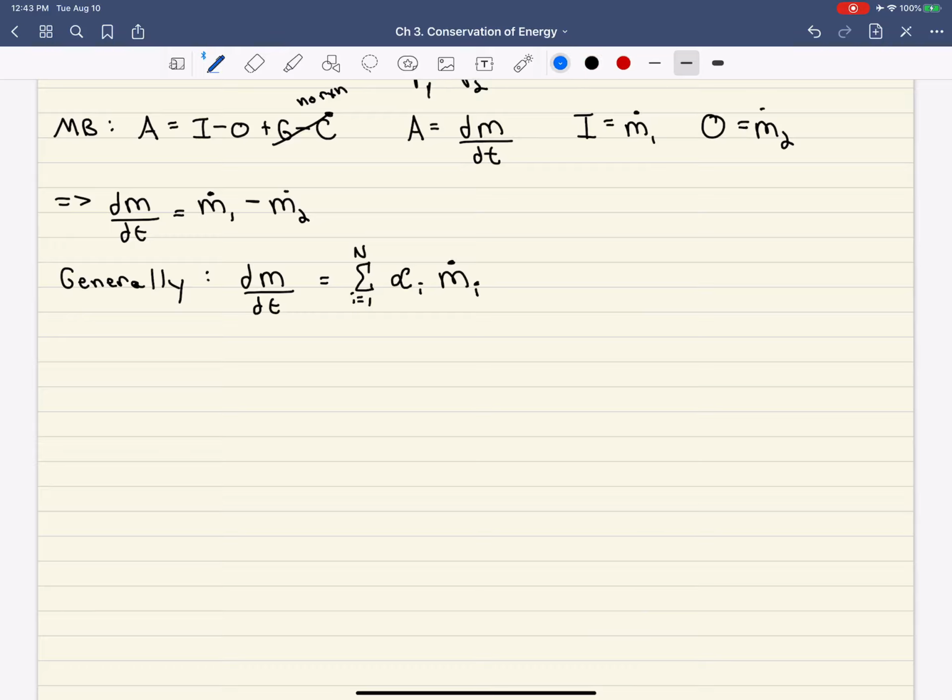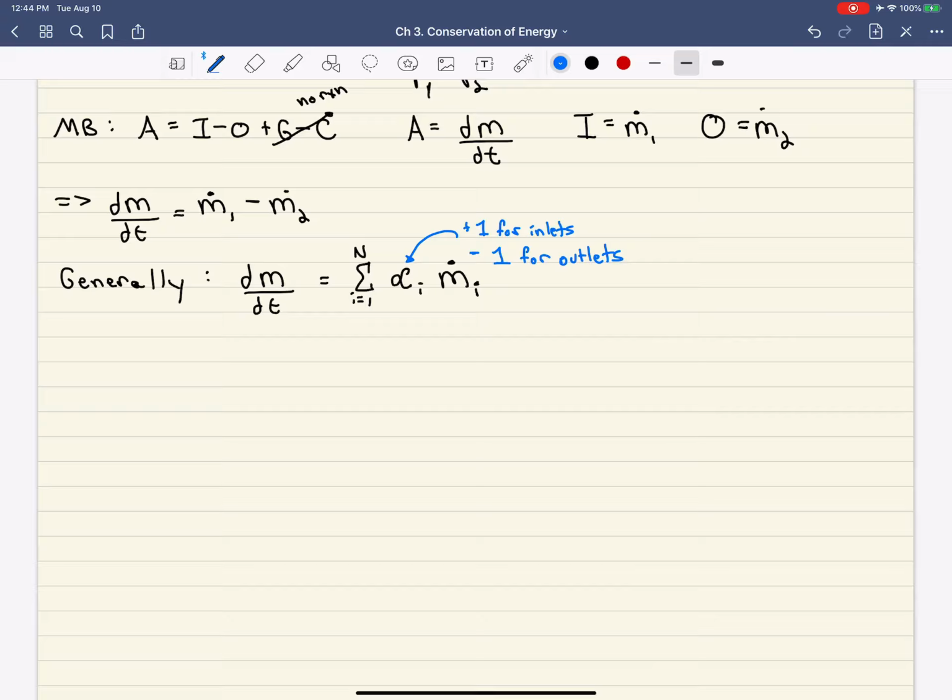And this alpha here is a constant that determines the sign of the mass flow rate. And so if you're dealing with some sort of inlet stream, alpha is just going to be equal to positive 1. And if you're dealing with an outlet stream, alpha is going to be negative 1.